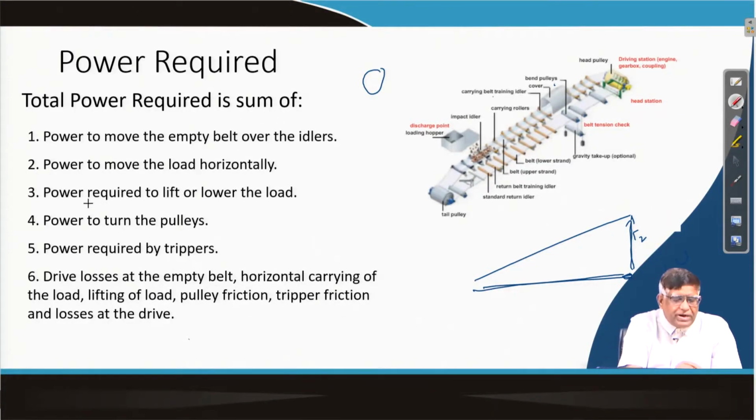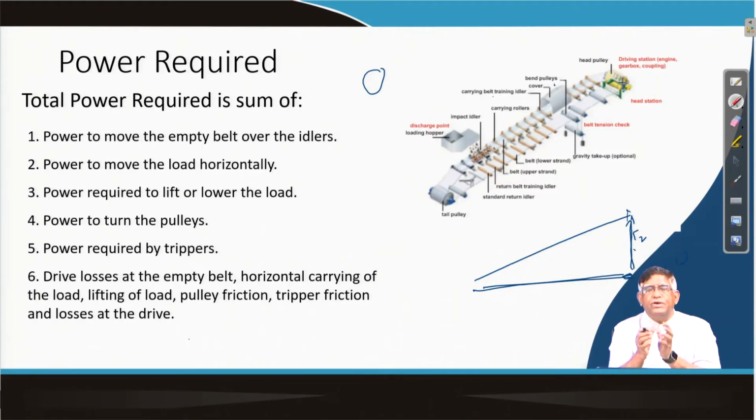So, that is the power required to lift the load. These two are the main components from the material part. Then there is the power to turn the pulleys. At the end, this pulley has its own inertia, so you will have to make that pulley move, and for that some power is required.